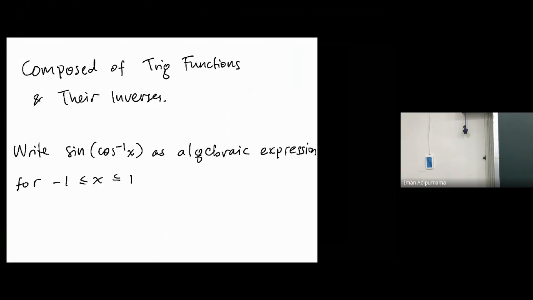If your trigonometric function is related to an angle, for example, sine 30 is half, that means if we have the inverse, sine inverse half is 30. So do you agree that this is actually our angle?